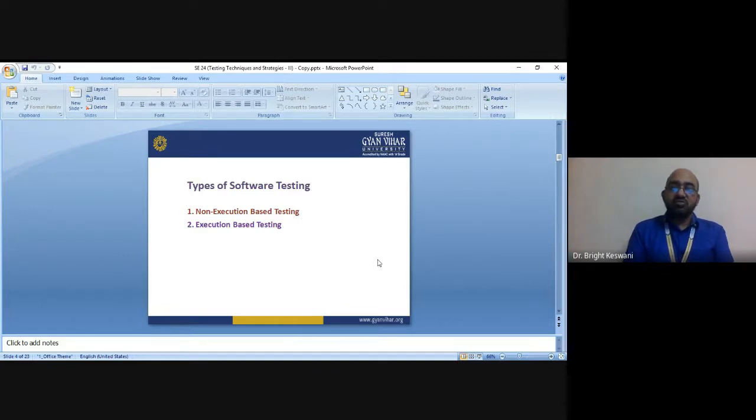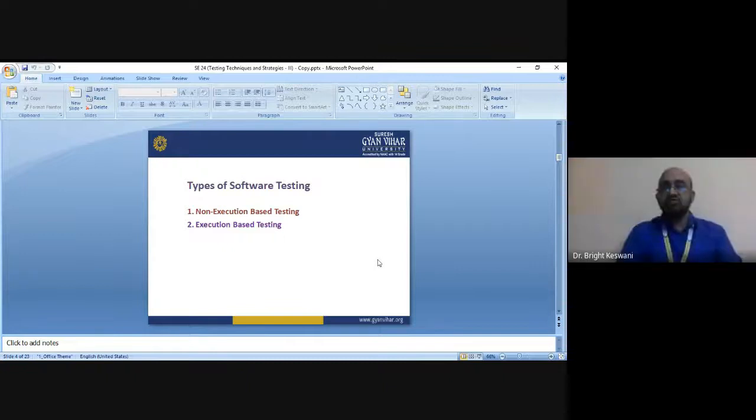So when we are reviewing our code, it provides you the detection of faults in the code. We can say that non-execution based testing is less expensive than execution based testing.